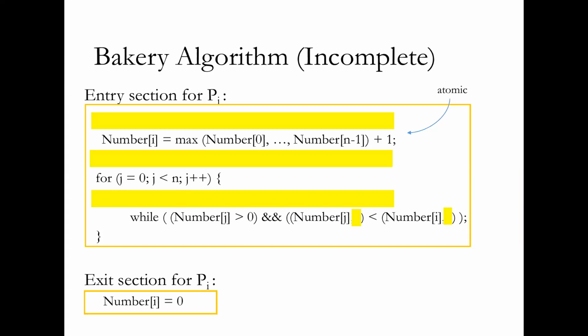While this is true, I'm waiting. The moment that this number is no longer a valid ticket, it's reset to 0, then I'm not going to be waiting anymore. But otherwise, I'm waiting. Okay, so that's straightforward, right?